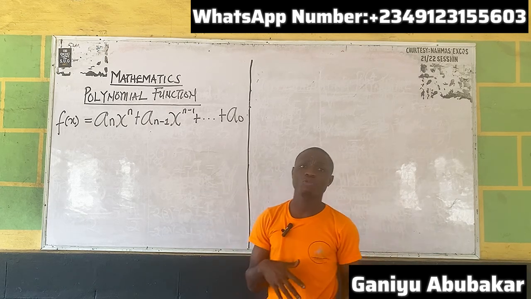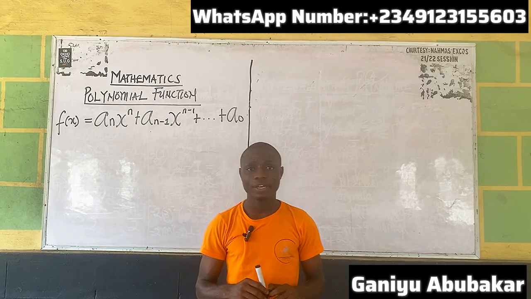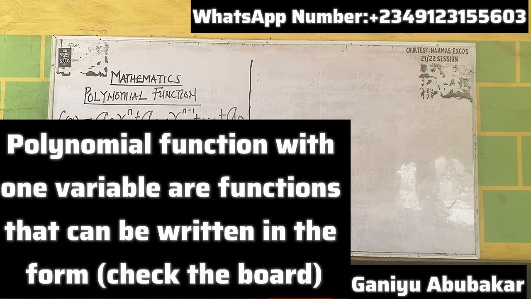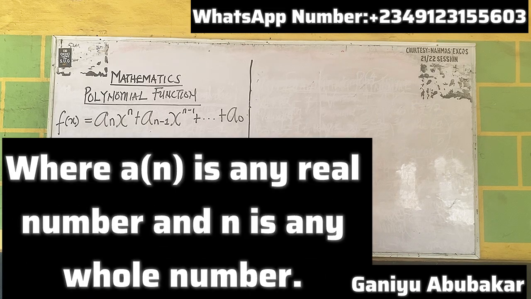So what is a polynomial function by definition? A polynomial function with one variable are functions that can be written in the form where a_n is any real number and n is any whole number.